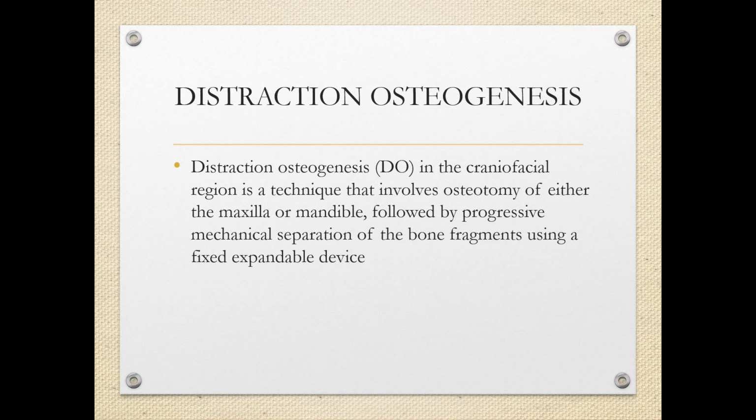Distraction osteogenesis. Distraction osteogenesis, or DO, in the craniofacial region is a technique that involves osteotomy of either the maxilla or mandible, followed by progressive mechanical separation of the bone fragments using a fixed expandable device.